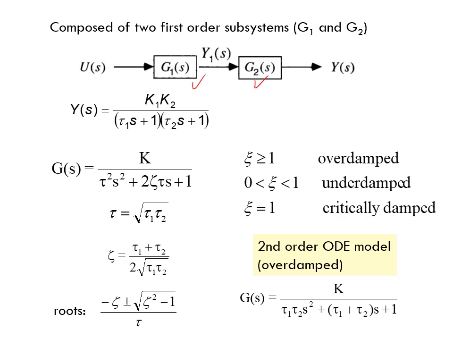The transfer function for a second order system composed of two first order subsystems is given by K1 times K2 divided by tau 1 s plus 1 times tau 2 s plus 1. As we know, this is the transfer function for a first order system, K divided by tau s plus 1.